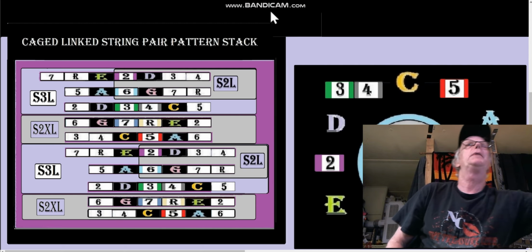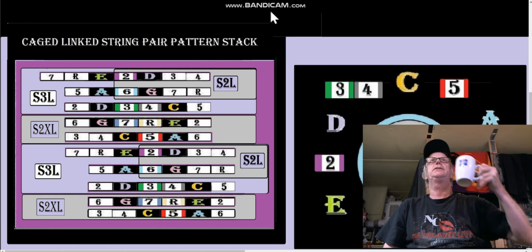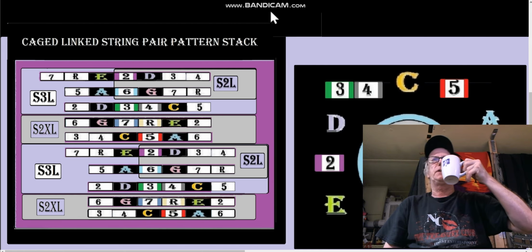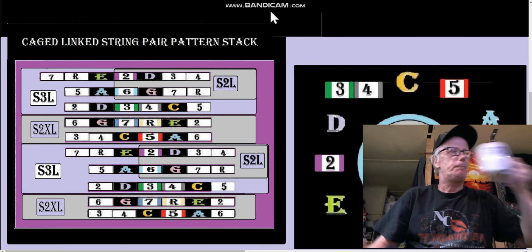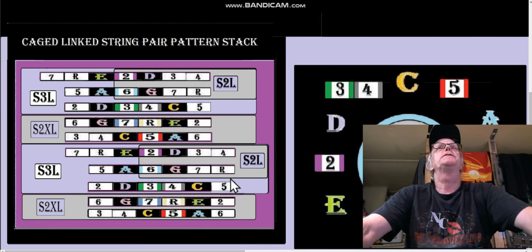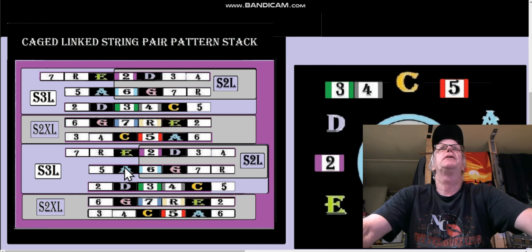So here we are back again in the CAGED link string pair 10 string pattern stack. Now obviously we're not going to sit here and make fretboards, because it's not really drawn to do that, but we can do it. It's just drawn for all cases. If we had to make fretboards from this, we certainly can.